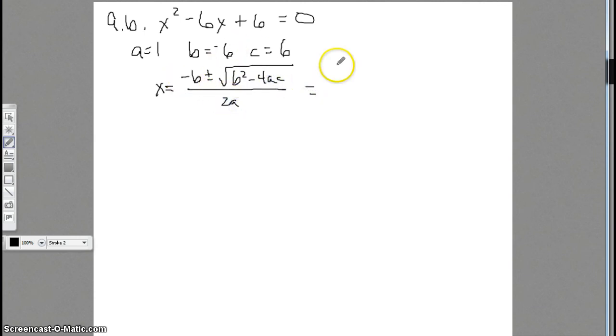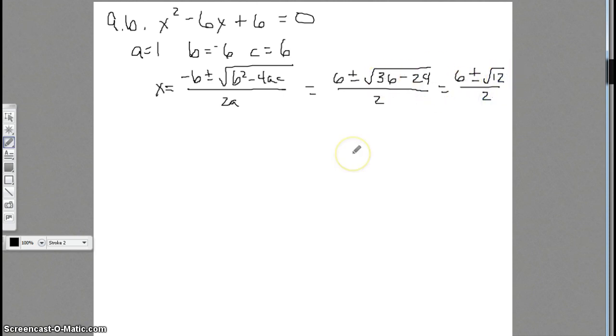So negative of negative 6 is a positive 6, plus or minus the square root of b squared. Negative 6 when we square it is 36, minus 4 times 1 times 6, that's 24, all over 2a, which is 2. So this is 6 plus or minus the square root of 12 over 2, because 36 minus 24 is 12. Okay, we're not done yet.